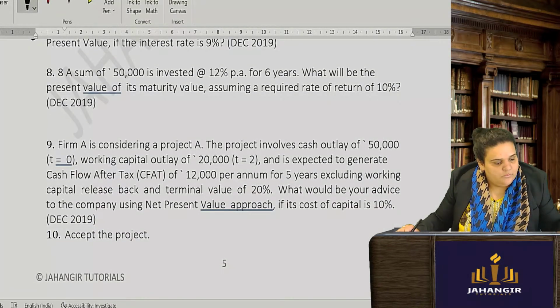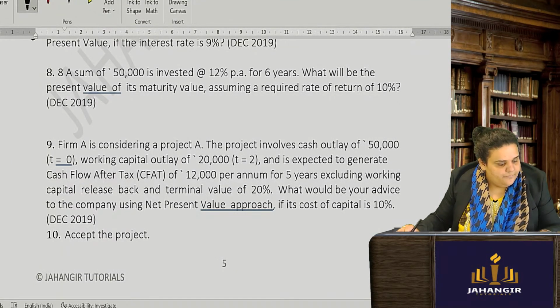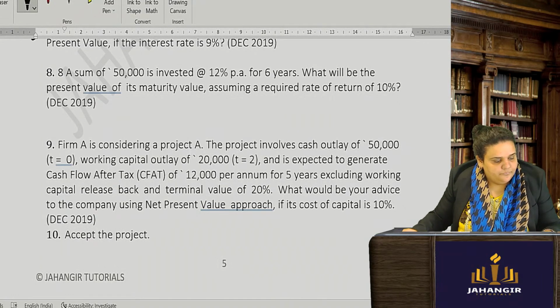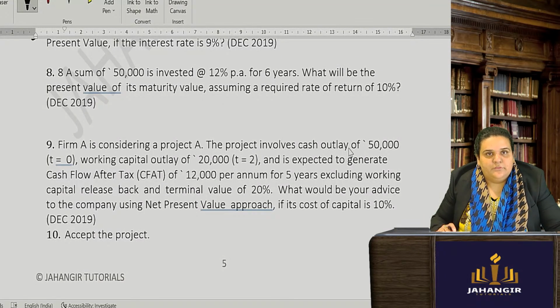Coming to question number 9. A firm A is considering a project A. The project involves cash outflow of 50,000 today. It will require some working capital of rupees 20,000 in the year T2 and is expected to generate a cash flow after tax of rupees 12,000 per annum for 5 years, excluding working capital release back and terminal value of 20%.